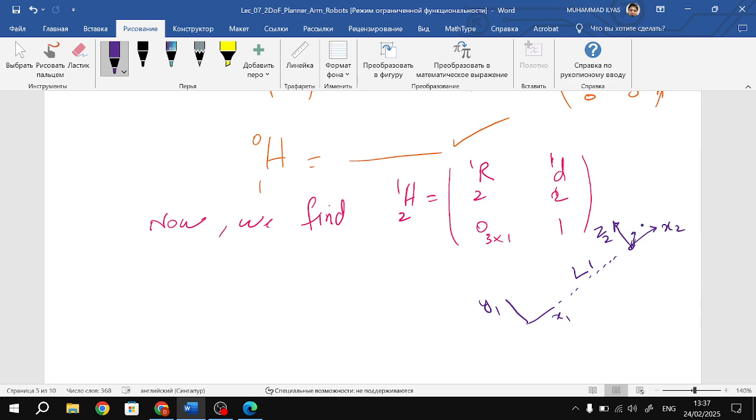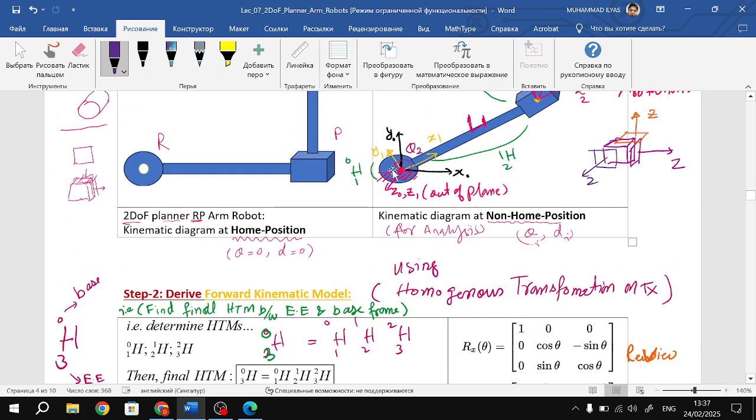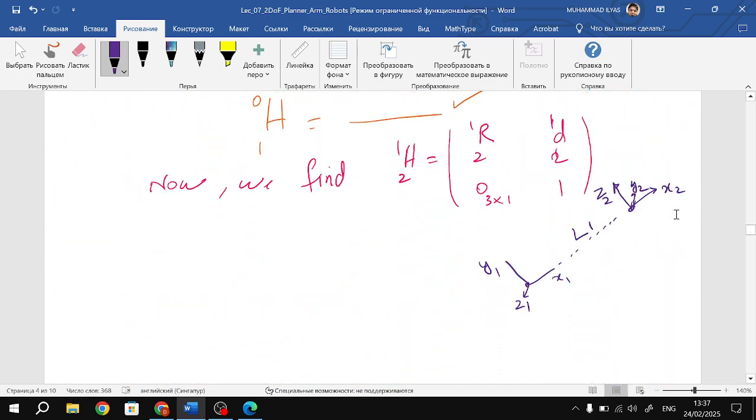According to the right hand rule, the y-axis will be into the page, y2, and the z-axis will be out of the page, z1, right? This is our 3 axes in general. So this is our frame 1 and frame 2. I redraw it over here, now easy to see.